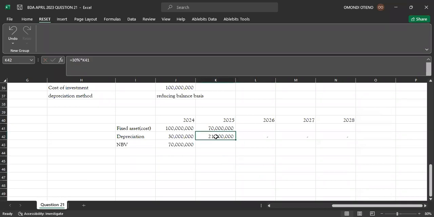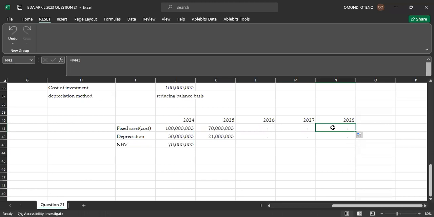Another person may say, because this 70 million is what is down here, I'll just say equal to the 70 that is down there, so that when I autofill again, it will pick the value that is down here. For example, in 2028, I expect it to refer to the net book value in 2027.